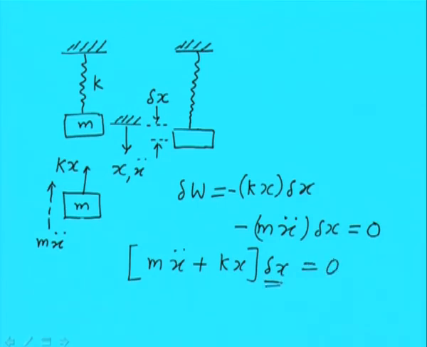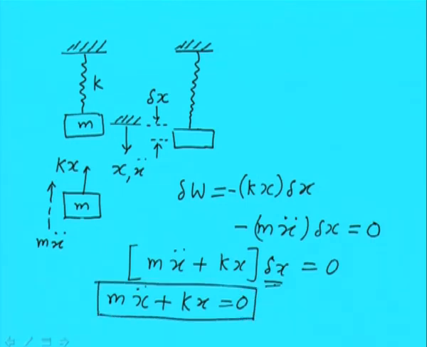This virtual displacement which we have given to the system is arbitrary, that is, we can give any value to that. So, obviously this cannot be 0. So, we need to equate the terms within the bracket to 0, and that gives us the equation of motion of the system.